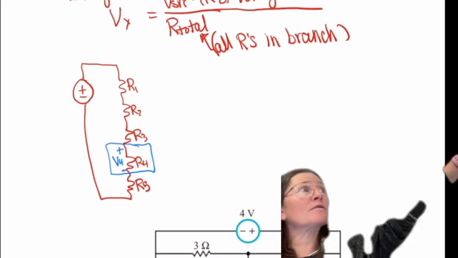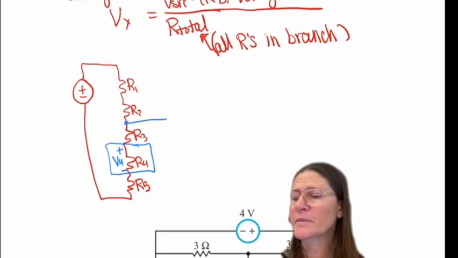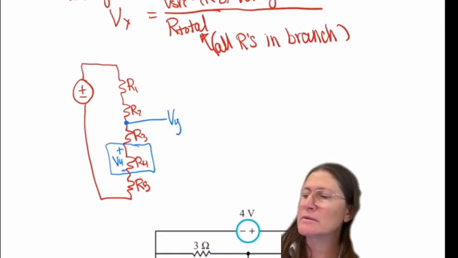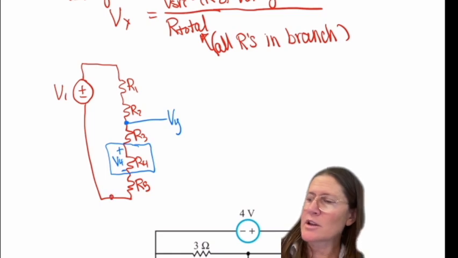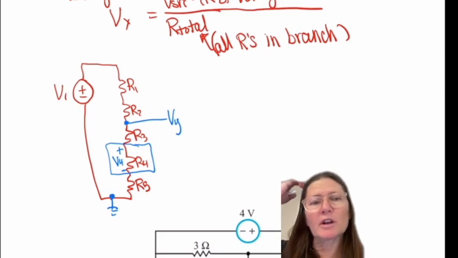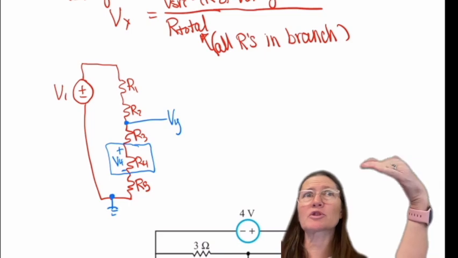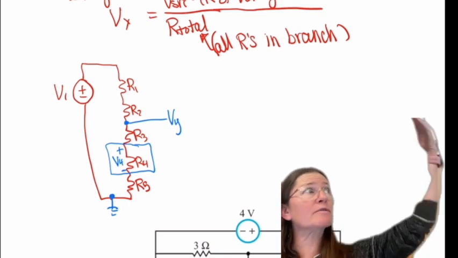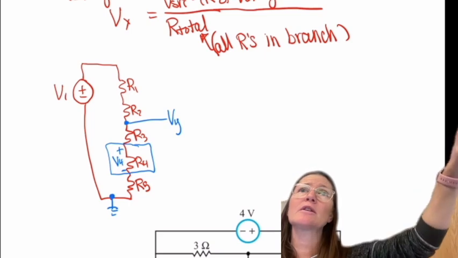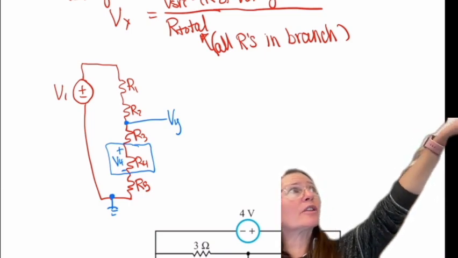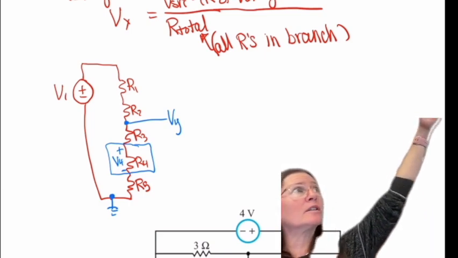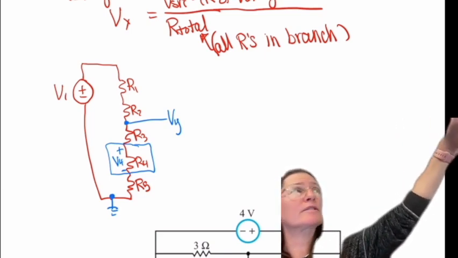So if you needed to find the voltage here, I'll call it Vy, and I grounded my ground here. To find Vy, I would have to add up the voltage across R5, the voltage across R4, and the voltage across R3 to give me the voltage at Vy. Or I could do the other direction, and it would be V1 minus the voltage across R1 minus the voltage across R2.